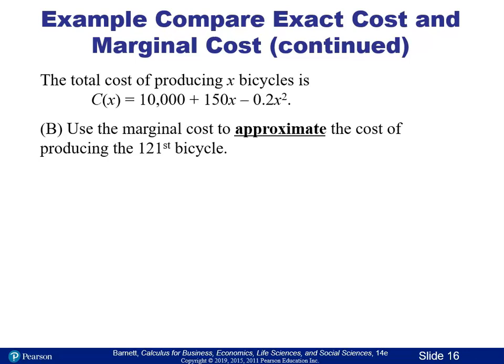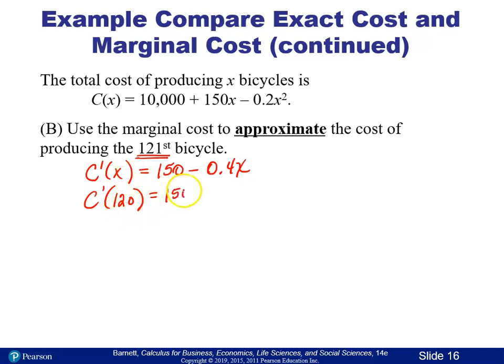Okay, use the marginal cost to approximate the cost of producing the 121st bicycle. Marginal tells us we need to work with the derivative. So I'm going to take the derivative, and that's going to be 150 minus 0.4x. If we want to approximate the cost of the 121st bicycle, we actually need to put the 120th into this, because what this tells me is if we're already producing 120, how much does it cost to produce the 121st, which is what we're asked to find here.